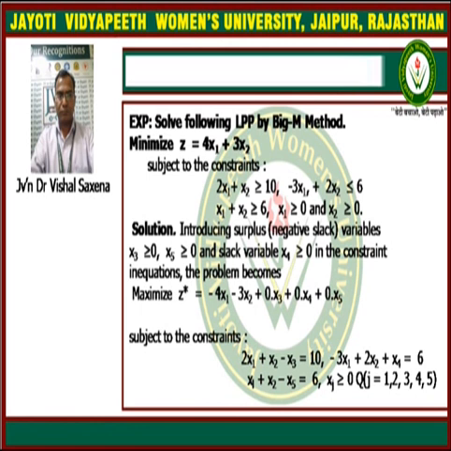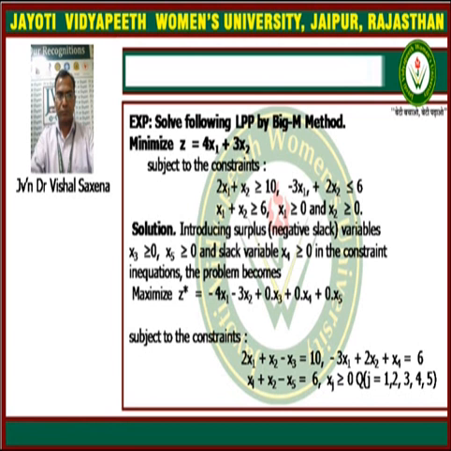Here we use the surplus variables x3 and x5, and the slack variable x4 is also used in the constraints, and that is the table. We can see how the inequations are reduced there.